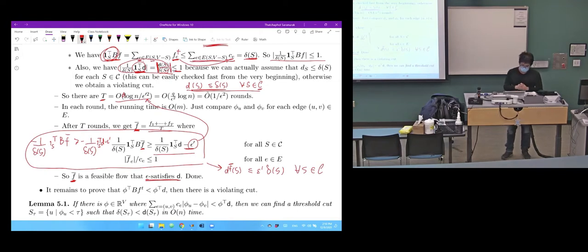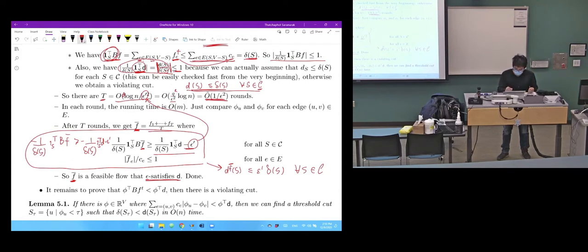So yeah, that's the algorithm. You have something like 1 over epsilon squared rounds. I set d here to be epsilon, but epsilon is just epsilon prime here, and epsilon prime is just epsilon over q, but q is just polylog.